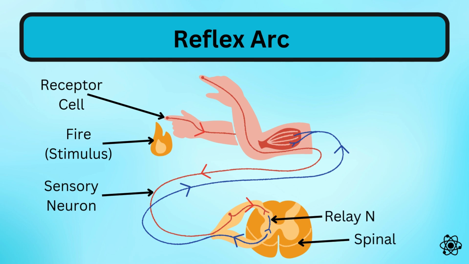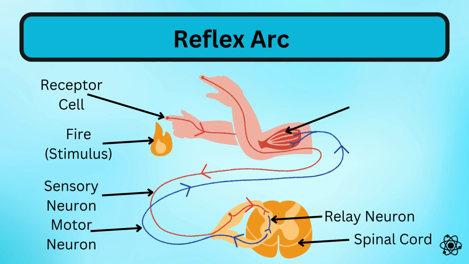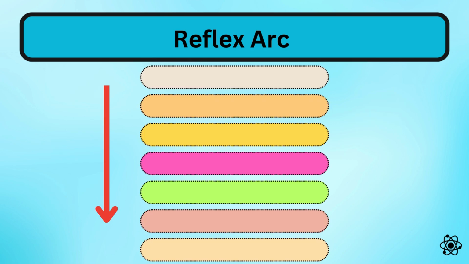The sensory neuron passes it on to the relay neuron in the spinal cord. The relay neuron connects to the motor neuron and passes the impulse on. The motor neuron carries the impulse to a muscle in the arm, that is the effector. The muscle will contract and pull the arm away from the fire. This is the response.